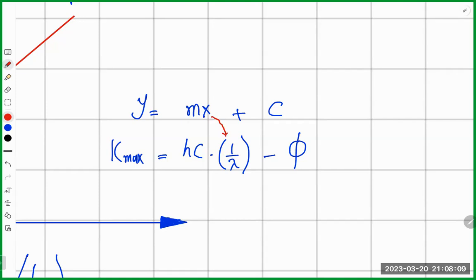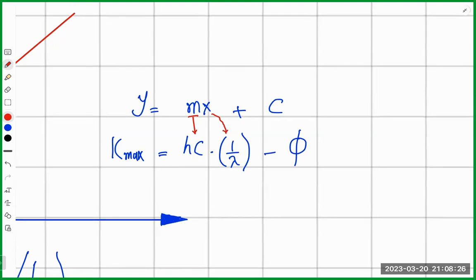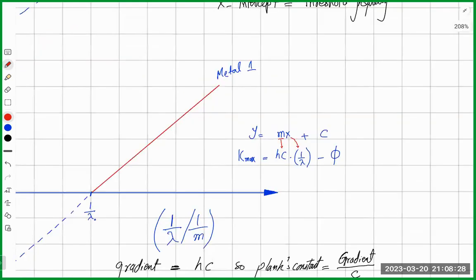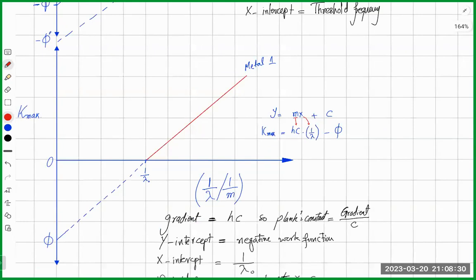So in this case, the gradient will be the Planck constant into c, and the y-intercept will still be the negative work function. And this graph is more common than the previous one.